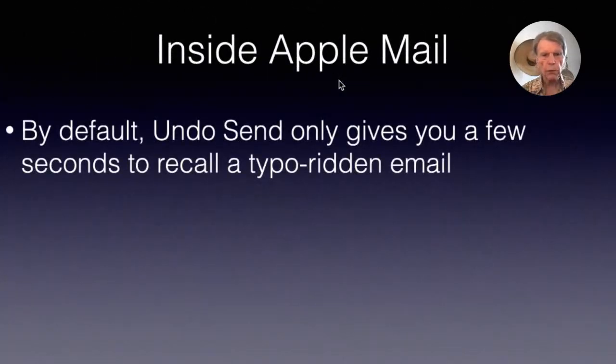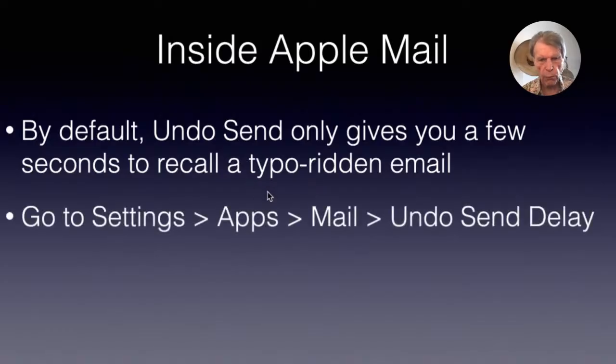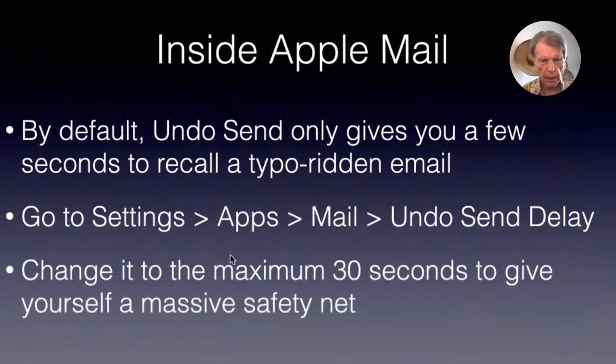Okay, Undo Send only gives you a few seconds to undo an email that you've sent unless you change it. So if you have something that has typos in it or something you shouldn't have said to someone, you can go to Settings, Apps, Mail, Undo Send, and you can change that undo send time to the maximum, which is 30 seconds.